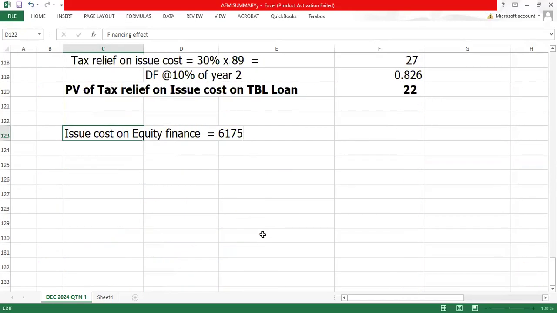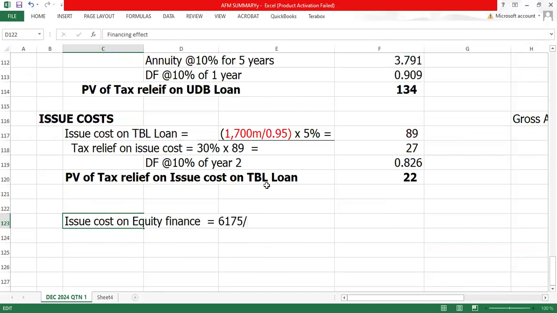Then you divide by what is the issue cost percentage? If it is 5%, I divide by 0.95. By doing this, I'm simply grossing up. If the percentage was, let's say, 8%, then I divide by what? 100 minus 8%, you'll be left with 92.